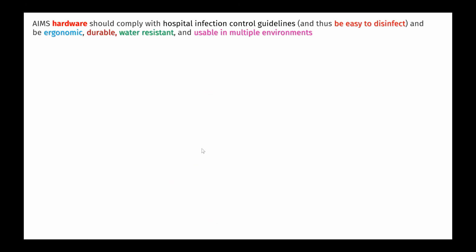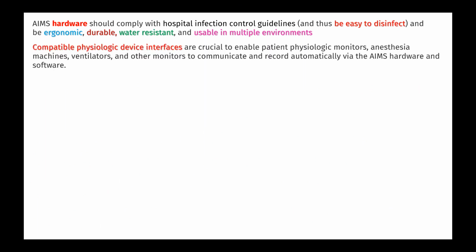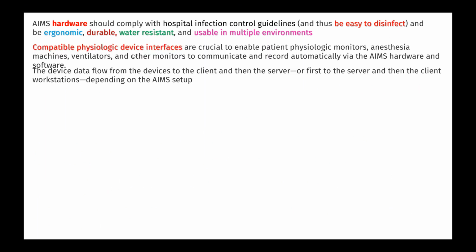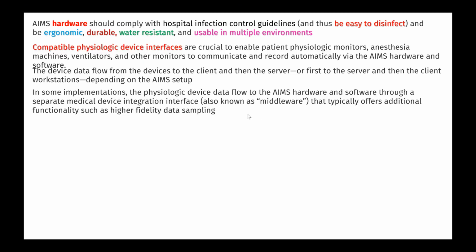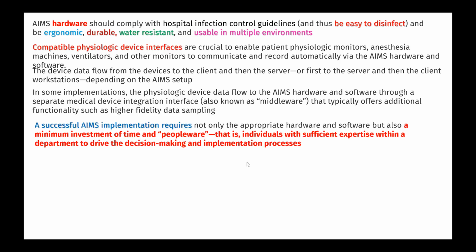AIMS hardware should also comply with hospital infection control. So apart from anesthesia, it will also take care of the other conditions of the patient's hospital care. And it is compatible with physiological device interfaces. The usage is spreading so much that it goes into not only anesthesia, it is taking a holistic approach to take care of the entire patient.